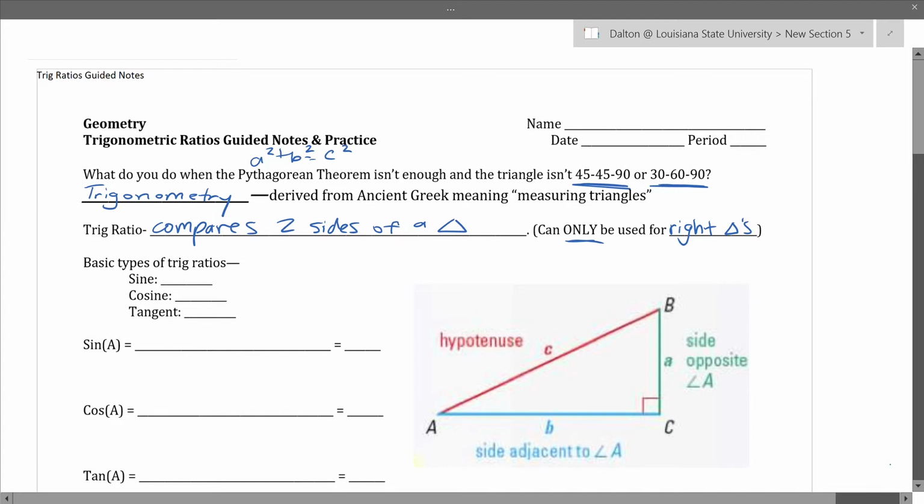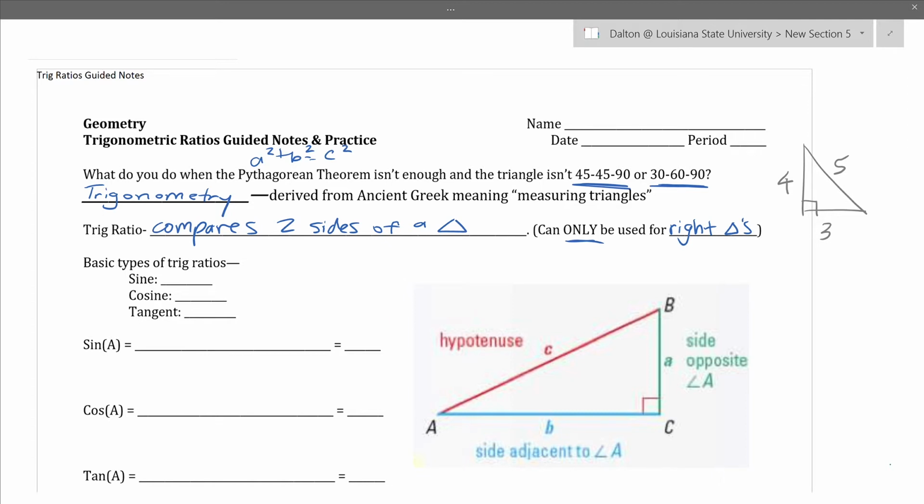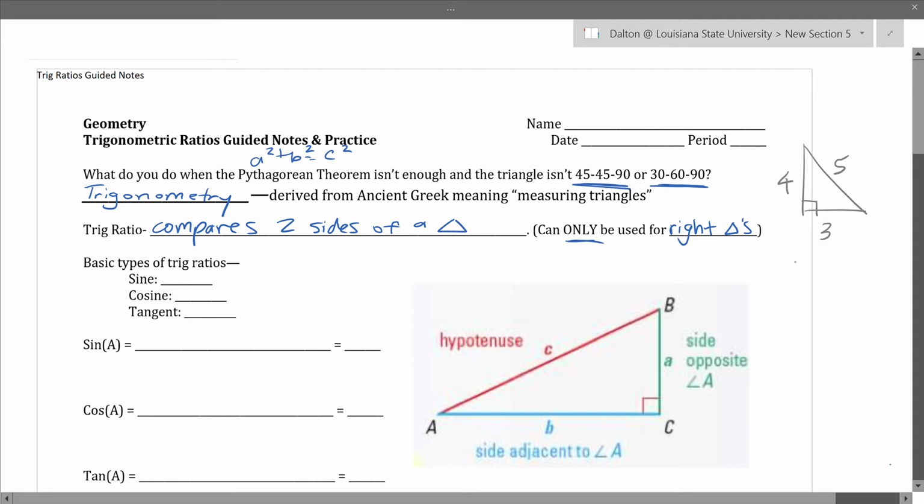Let's look at a side note here for a second. You don't have to write this, just watch what I'm going to draw out here to the side. If I drew this triangle here, and I labeled the sides as 3, 4, and 5, and I said, hey guys, give me a ratio that compares two of the sides of this triangle. Again, in math, we use that in fractional form. So you might say 3 to 4. That's a ratio. It compares these two sides of the triangle. Well, that's one ratio, but there are plenty of others.